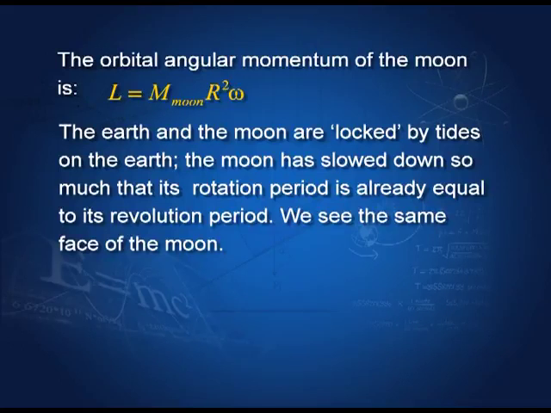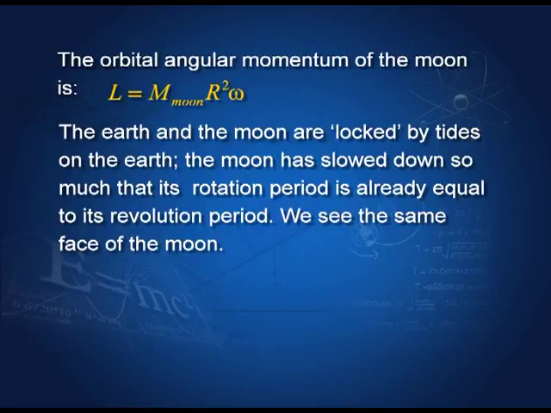Moon has slowly slowed down in rotation, and today the time period of rotation of the moon is the same as the time period of its revolution, so that we see the same face of the moon all the time.